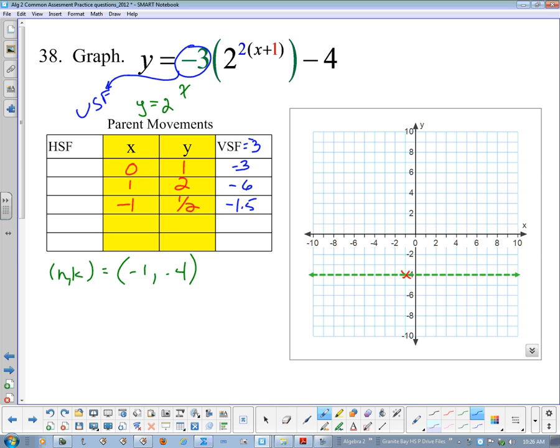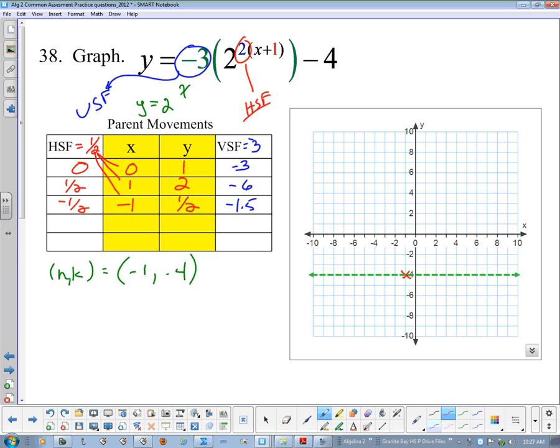It's 2. You see the blue 2 up there? But the horizontal stretch factor is not 2. It is 1/2. Very good. That right there is the horizontal stretch factor, but it's always the reciprocal of it. So it's going to be 1/2. The 1/2 affects the x's. 1/2 times 0 is 0. 1/2 times 1, 1/2. 1/2 times negative 1, negative 1/2.